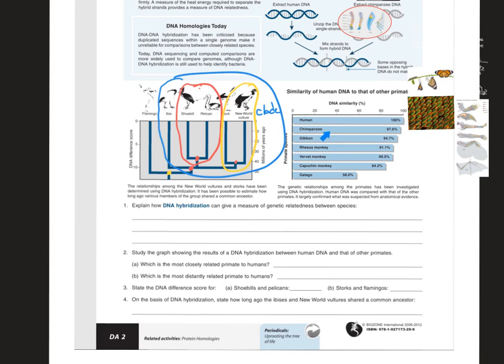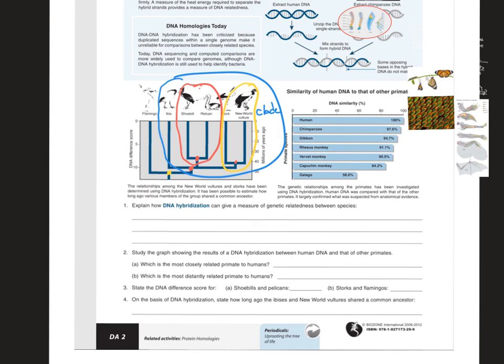Probably you'd want to look at a chimpanzee, since it's more closely related to us, and see what chimpanzees have that we don't that might help us resist this disease. And so understanding these evolutionary relationships helps us understand the DNA similarities, which can then help us answer questions or solve problems that we would not be able to answer otherwise.